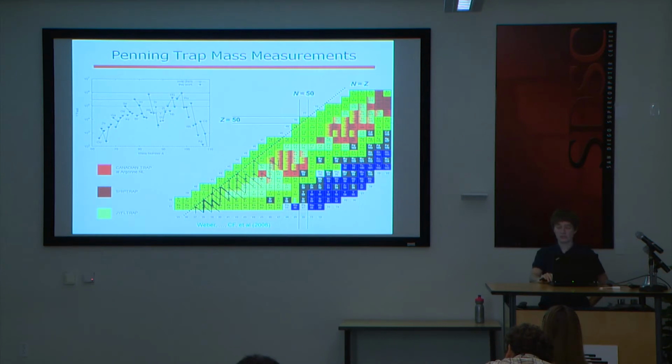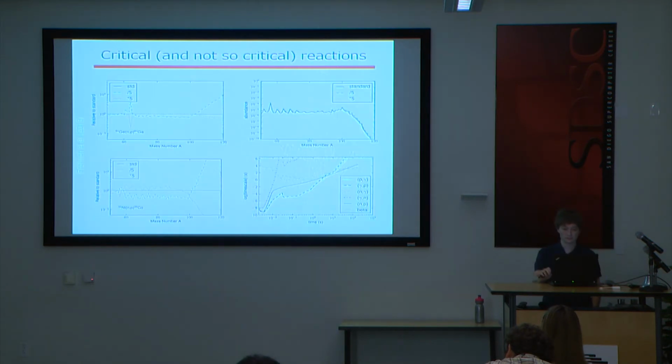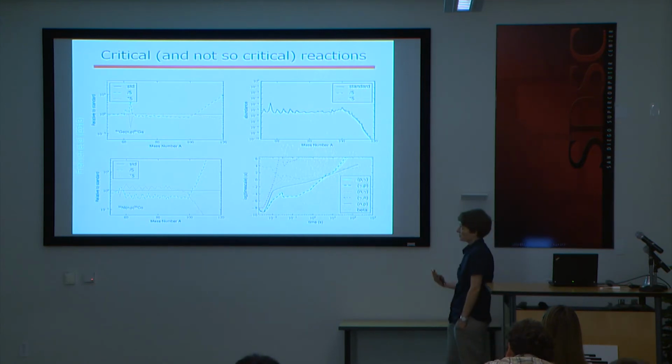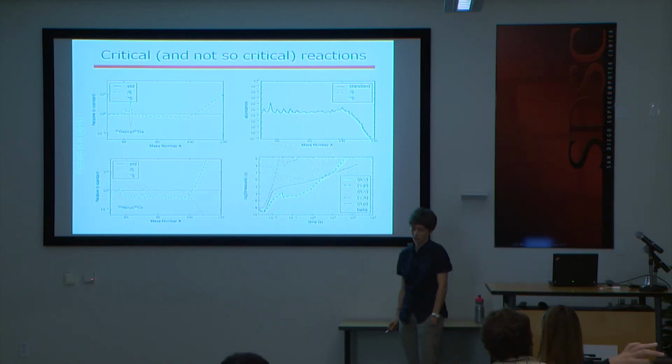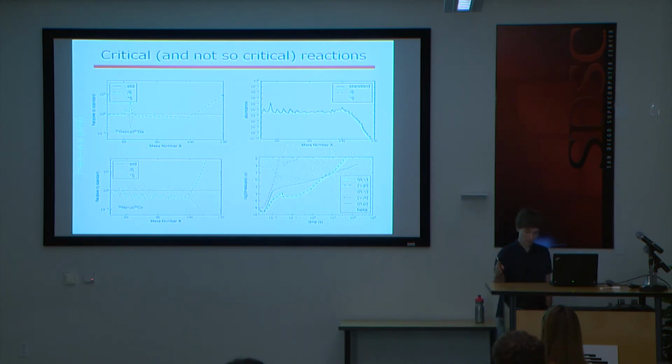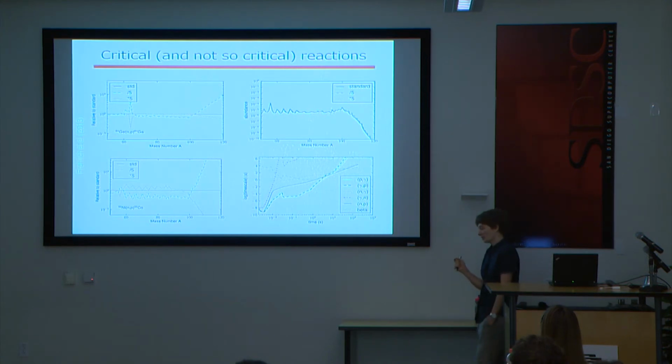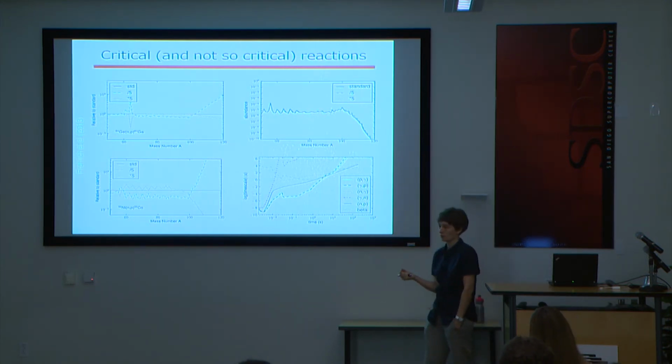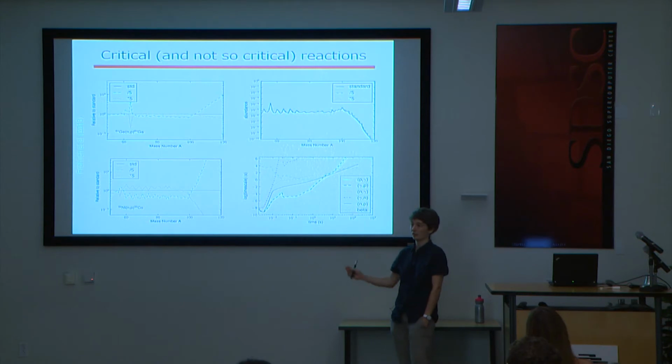So masses are one piece that goes into the reaction rates. The other thing is the reaction rate itself. So remember, we need the cross-section at every energy because we integrate over all the energies. So even if we had a measurement at a few energies, we still have the whole range where you have to extrapolate.